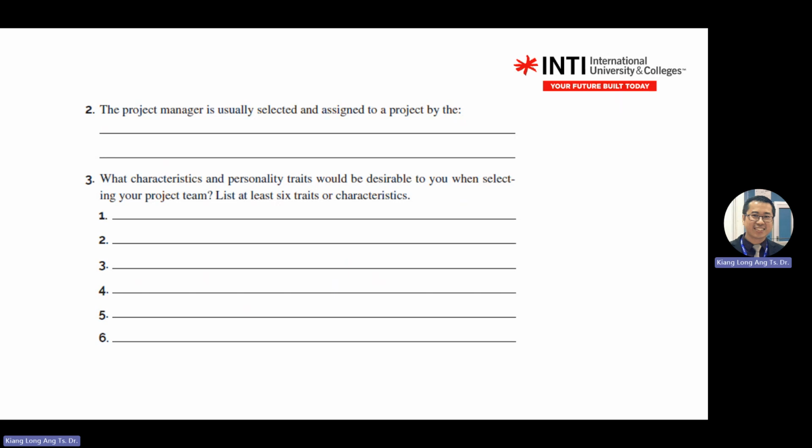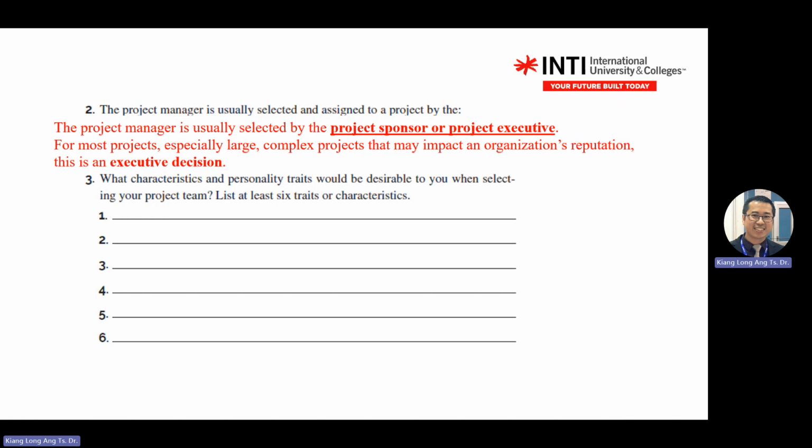Not stakeholder. Stakeholder is too general. You have to mention top management or sponsor. So they are selected by sponsor or project executive. So there are 4 main characters in this module: sponsor, functional unit manager, PM, and customer. Okay.